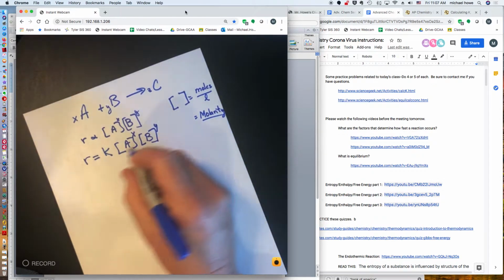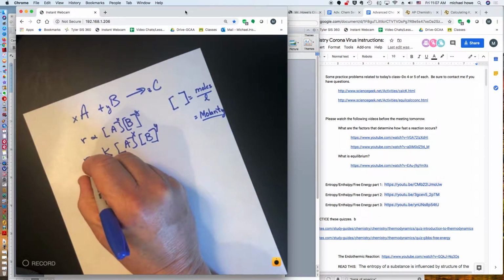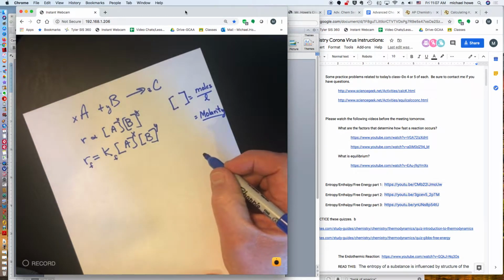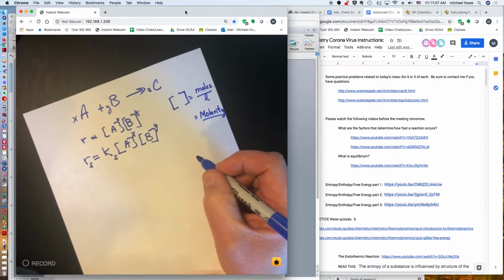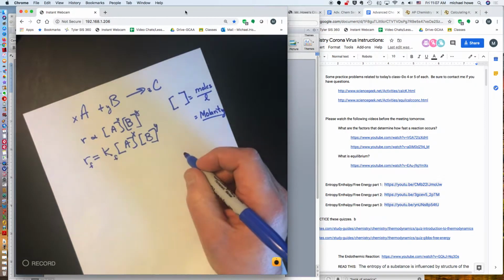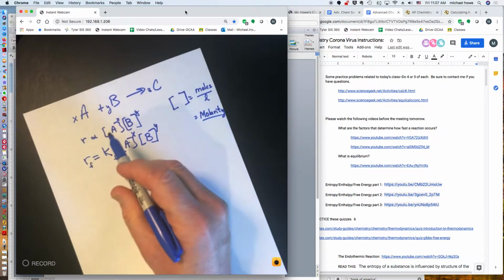All right, moving back to my generic example, this is the forward reaction. And forward, would you say forward would mean left to right or right to left? So when we talk about a forward reaction in chemistry, we're talking about going from left to right.